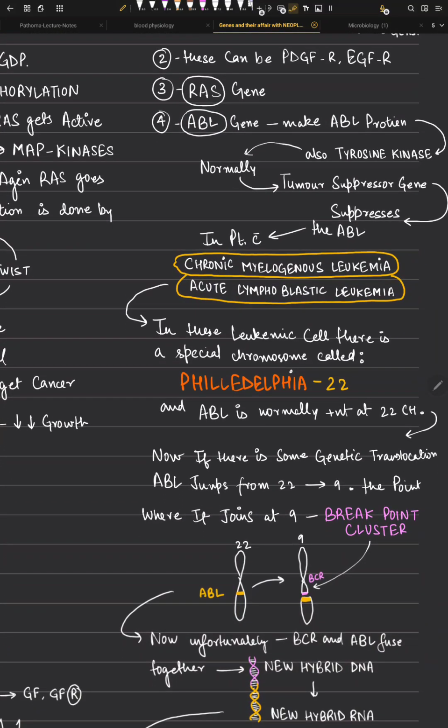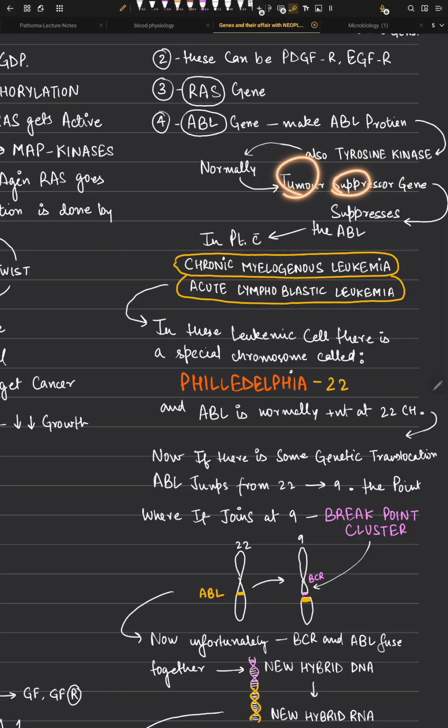Now, this ABL protein also acts on tyrosine kinase. Normally, tumor suppressor genes need two hits on both alleles so that you get cancer.